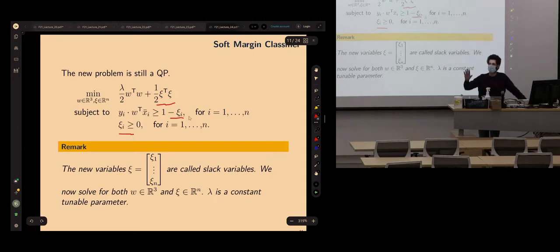If the point is too far from that boundary, the slack variable is probably 0 because it doesn't matter. It's easy to satisfy that point, and it doesn't have any say in the solver at that point. So 1 minus this slack variable, and we have n of them. For every data point, every constraint, we have 1 slack variable.